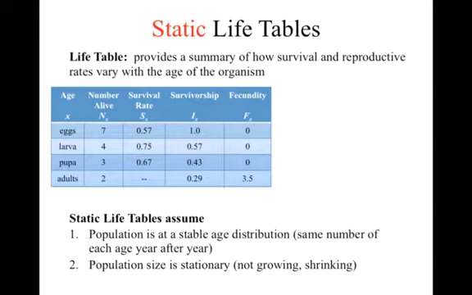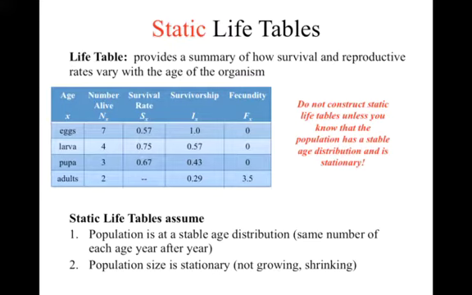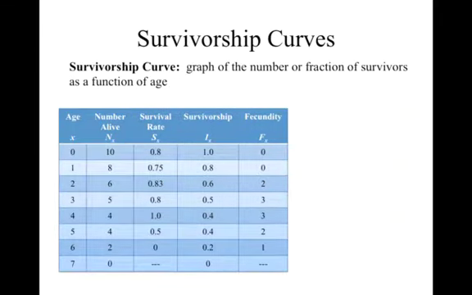That means you have to have the same number of each age year after year, and the population size has to be stationary. In other words, it shouldn't be growing or shrinking. If this is not true, you cannot construct a static life table. Okay? You cannot calculate survival rates and survivorships based on the number that are alive at each stage or at each age unless these assumptions hold. So that's very important. All right, great.